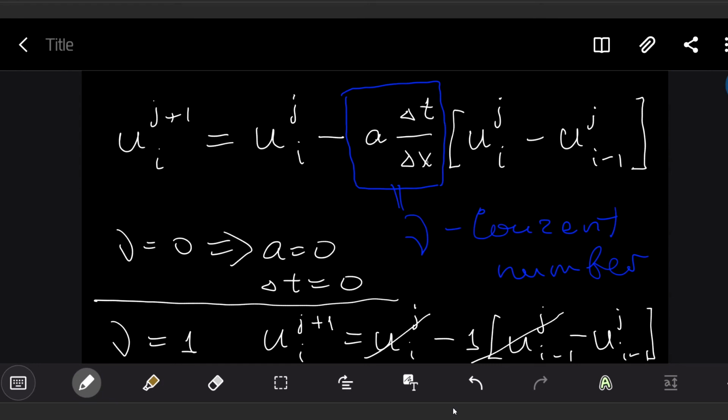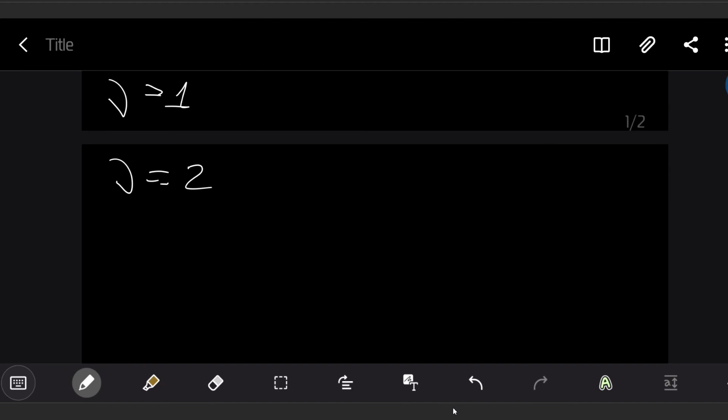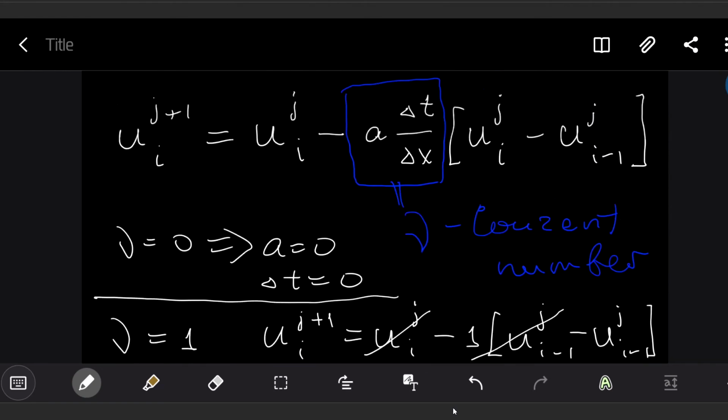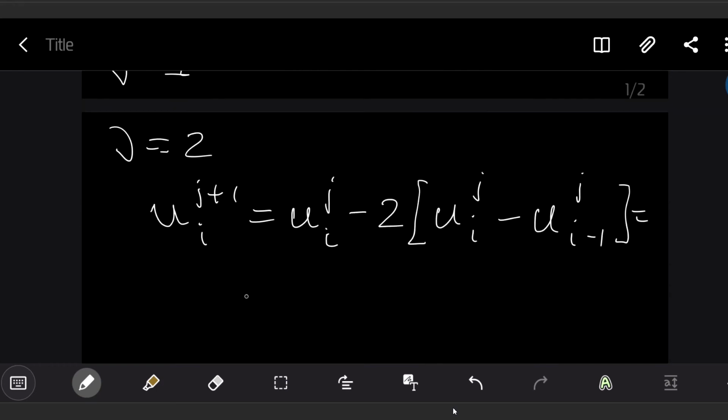So I will write that the flow property at some coordinate in the next time layer would be equal to the flow property on the previous time layer. Here we have minus 2 times the parameter at j, i minus 1.